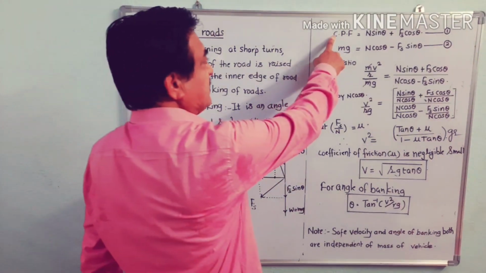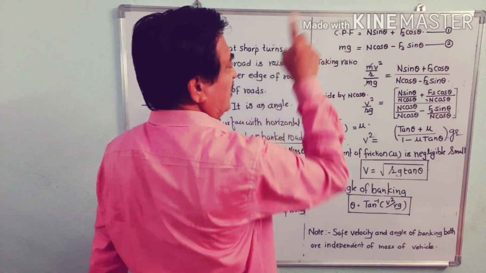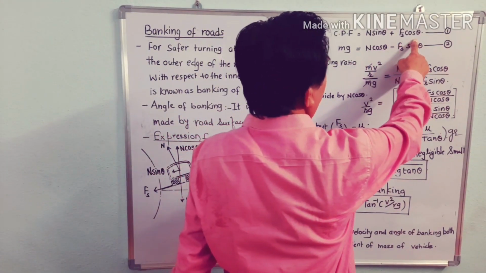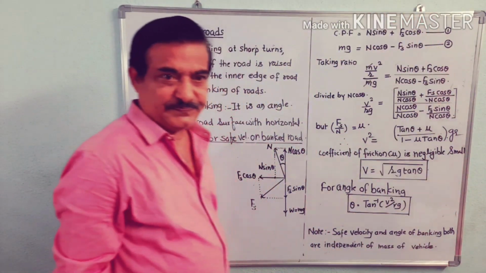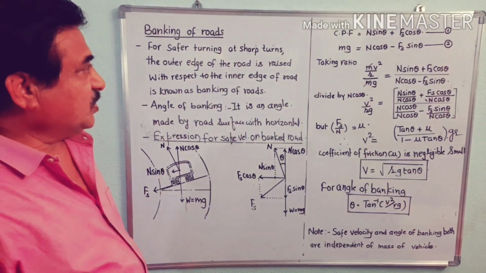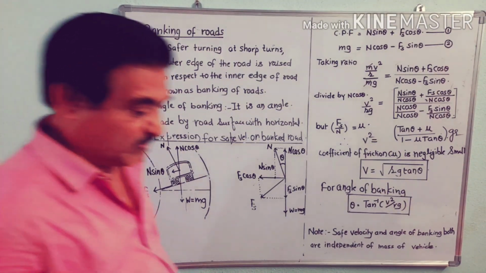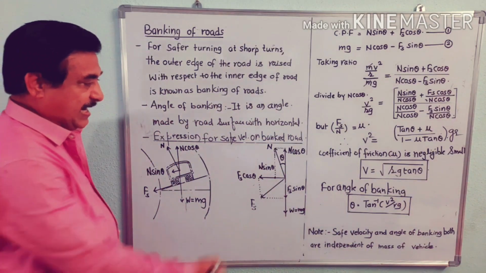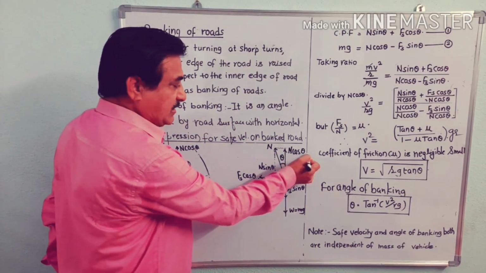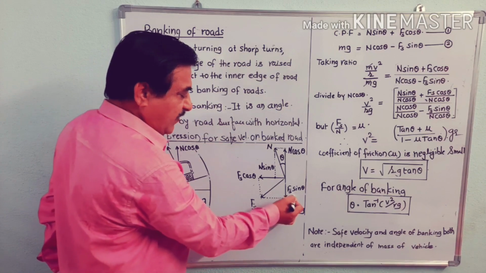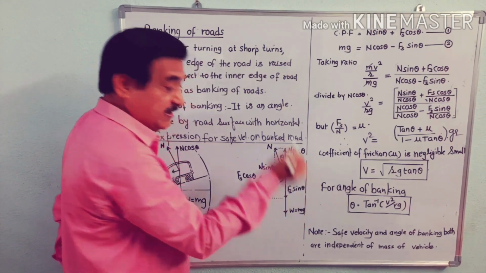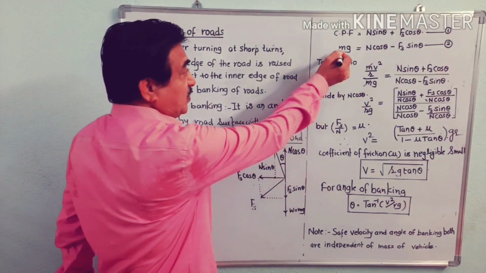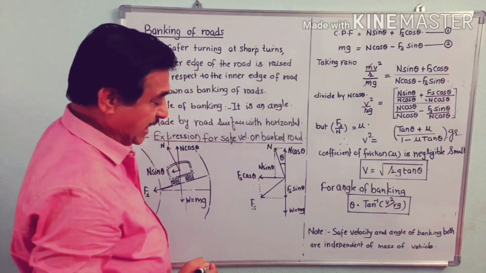So the necessary centripetal force for the circular motion is equal to N sin theta plus Fs cos theta. From this figure, we can write N cos theta is equal to Fs sin theta plus W, and W is equal to mg.